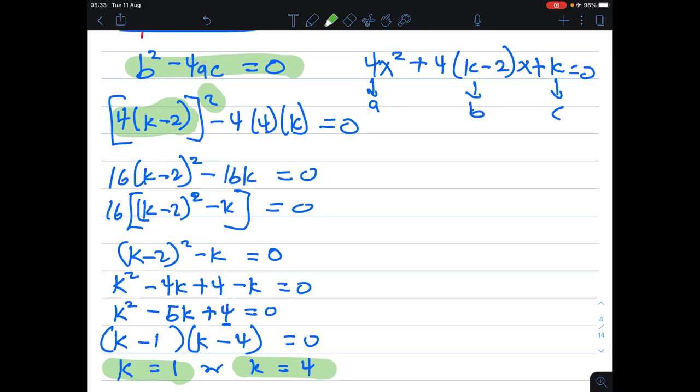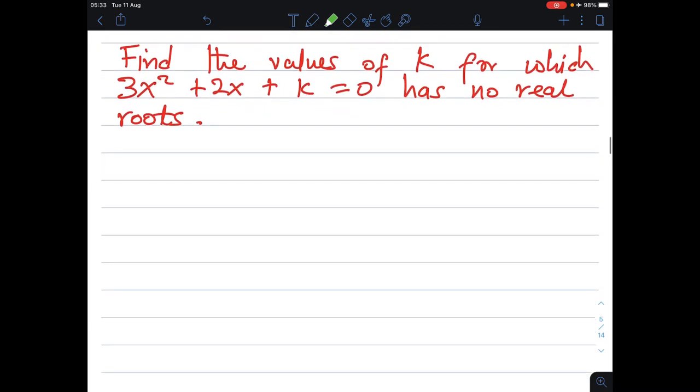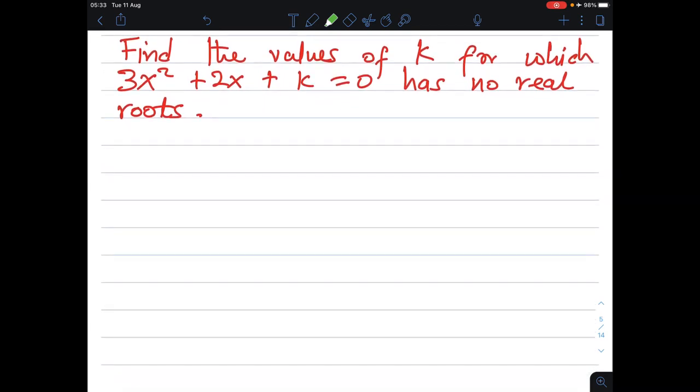Okay? Now let's solve another question where the b squared minus 4ac is actually less than 0. It means it has no real roots. Let's see how that is solved. So we have that question right here. It says find the values of k for which all this has no real roots.